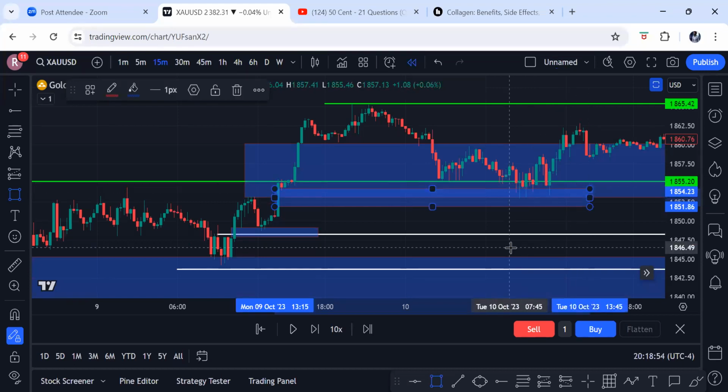And you could write this down: if you have imbalance that overlaps on time frames, like this 15-minute and 1 hour, it's more likely going to tap into that particular area and go. You got a 1 hour imbalance that ends literally here, and this 15-minute imbalance that is literally here.